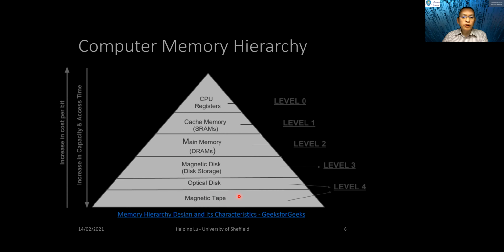They are the cheapest per bit, but they are also the slowest. So if your data is stored at the bottom, and you want to access it from the CPU, it will be very slow. Therefore, the higher your data is in this hierarchy, the faster your processing will be. So that's why in Spark, the RDD wants to keep the data in the main memory as much as possible and as long as possible.